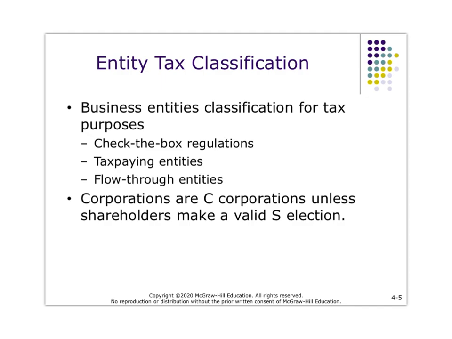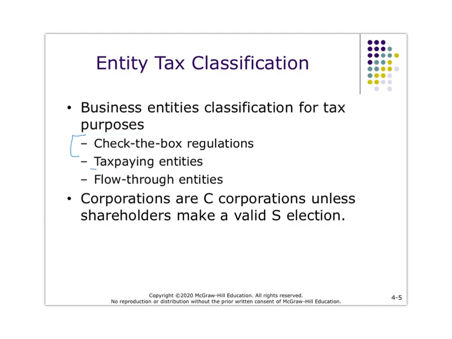Okay, so now we start getting into tax classifications, and remember that we have what are called check the box regulations, and quite literally there's a box on the tax return that determines how you want your entity to be taxed. For a flow-through entity, you can be taxed like a partnership, or you can be taxed like a C corporation, and you check the box that determines that.